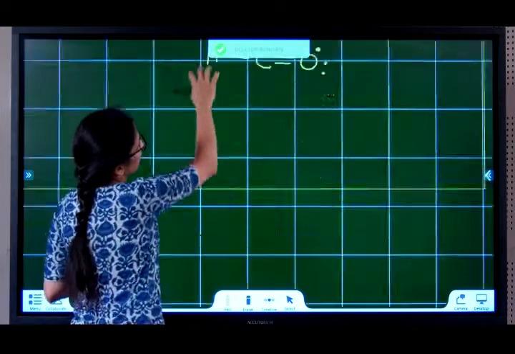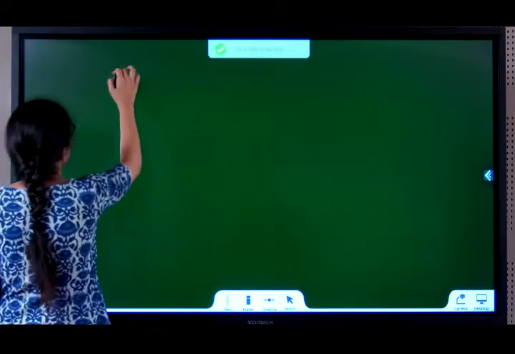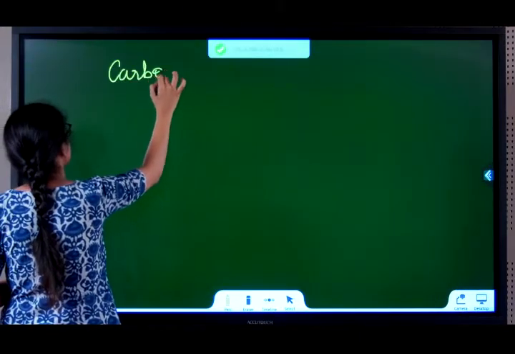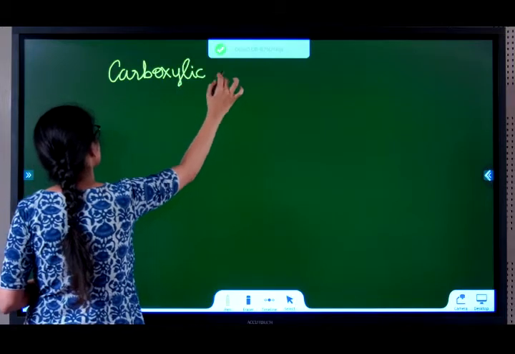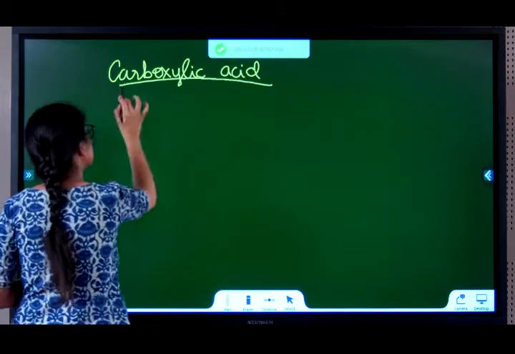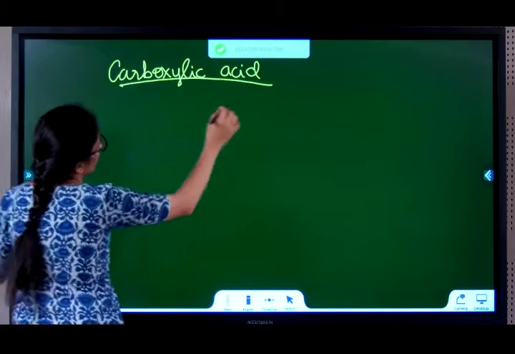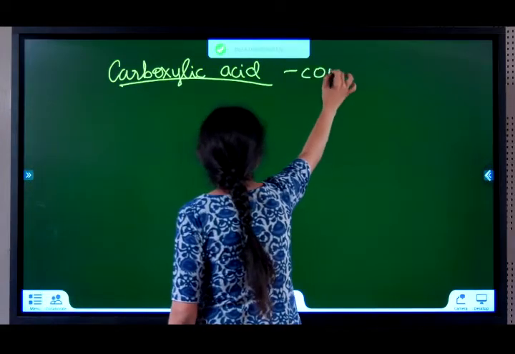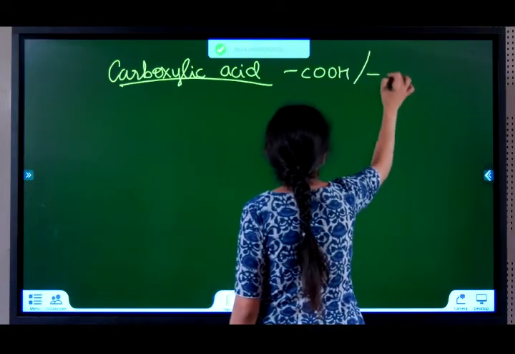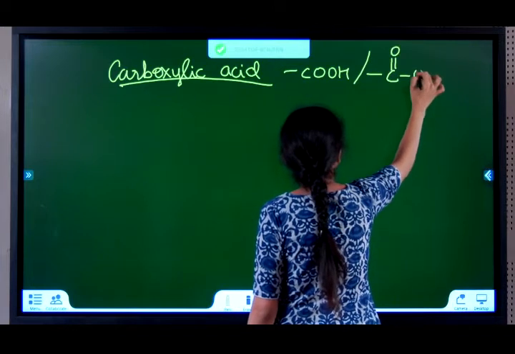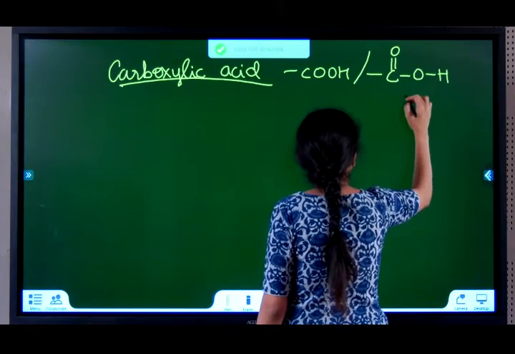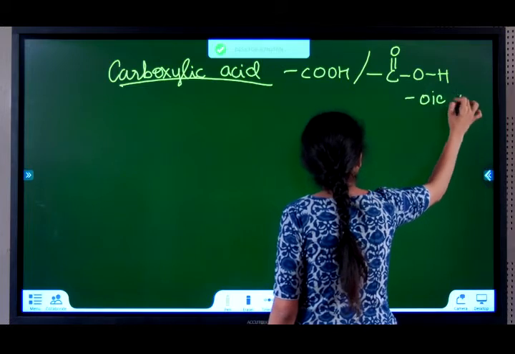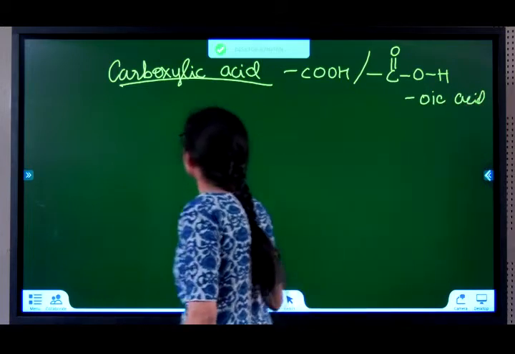The next series we'll be going to is carboxylic acid. Carboxylic acid is given by COOH, structure C double bond OOH, and replace E with oic acid. So let's begin.